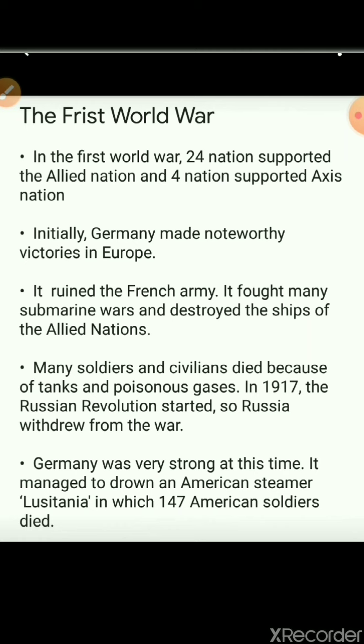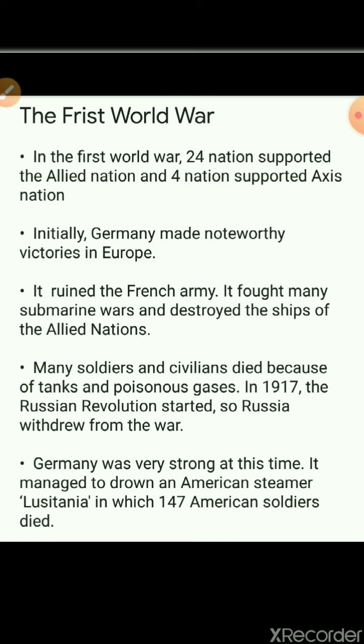The first one was economic factor, the second was militarism, third was groupism, secret treaty, feeling of fears, nationalism, role of newspaper, and philosophy about war. That much we have seen in the first and second part, and theory was given to you to write out.